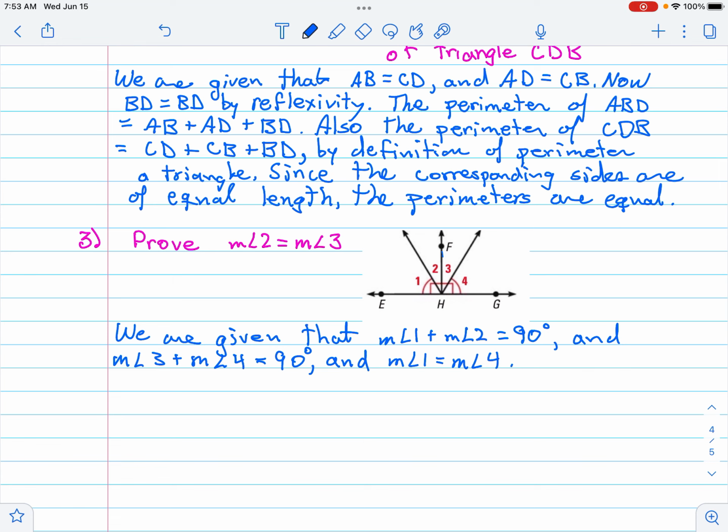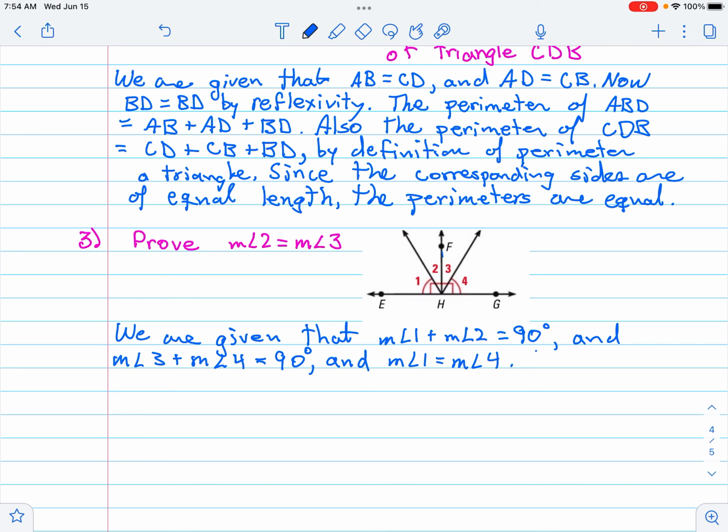We're given that the measure of angle 1 plus the measure of angle 2 is 90, and the measure of angle 3 plus the measure of angle 4 is 90, and not only that, the measure of angle 1 is equal to the measure of angle 4. That's the big first step, just writing down everything you know. Now we're at this stage, so let's think about this. Let's see where we can go from here. Remember, we always keep in mind we're supposed to show that angle 2 is equal to angle 3.